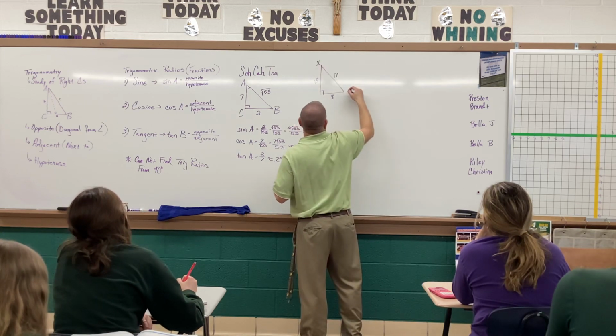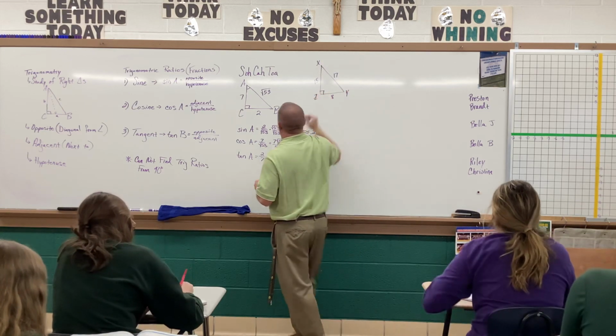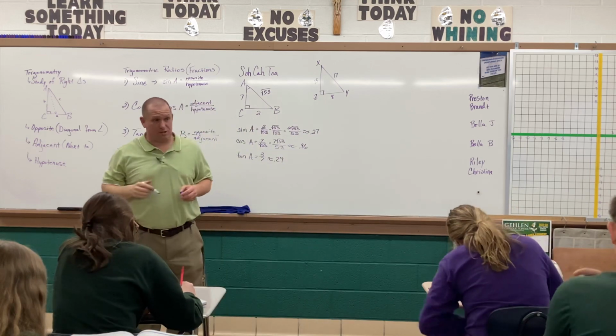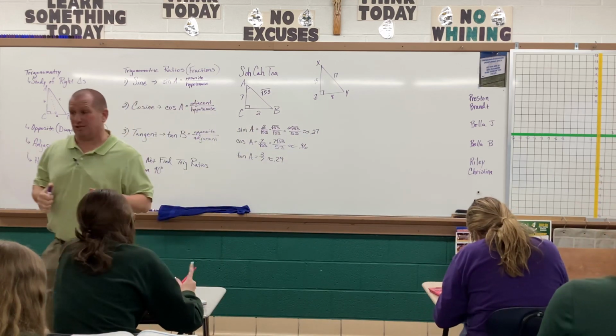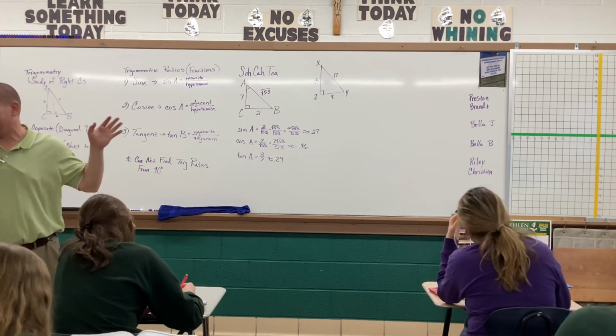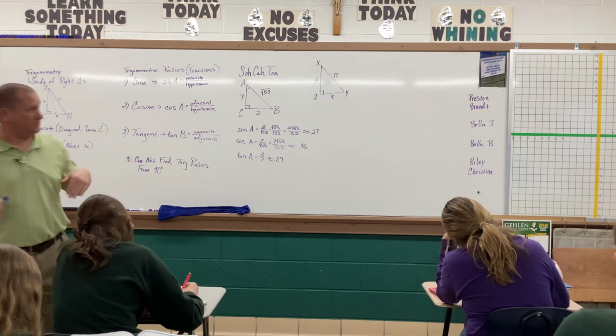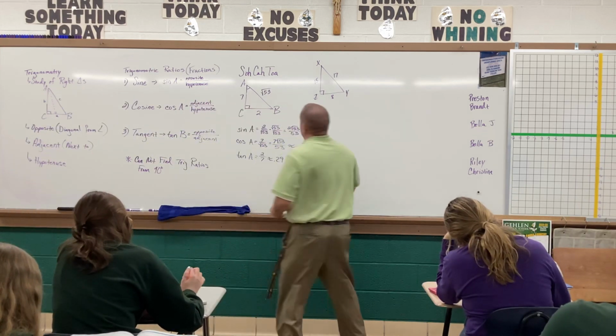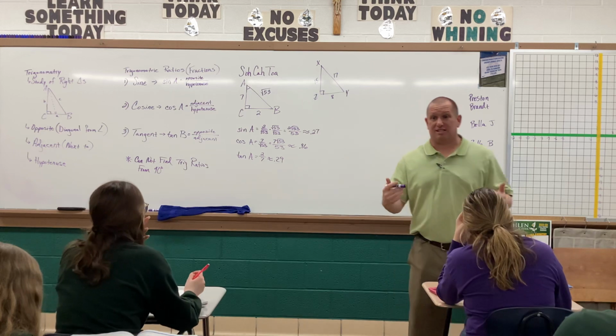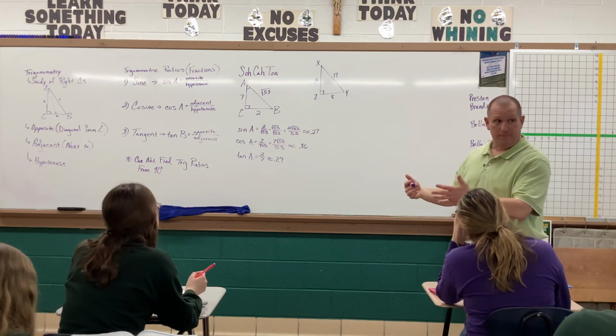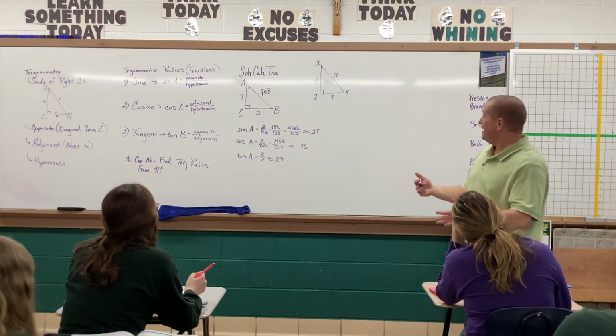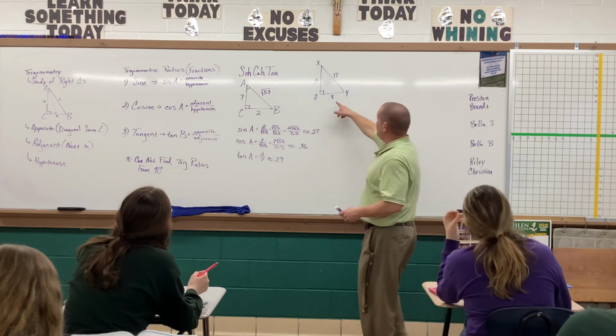Let's call it X, Y, and Z this time. So sometimes they might not even use A, B, and C. Again, I cannot do my trig functions from Z because it's the 90-degree angle. But if I asked you now, what is the smallest angle, it should be what? Angle X, right? Because it's across from it.